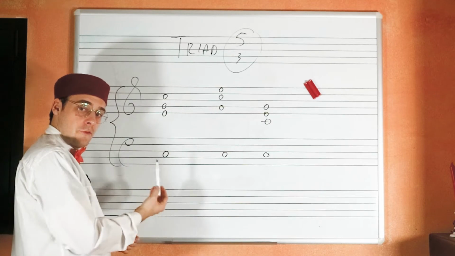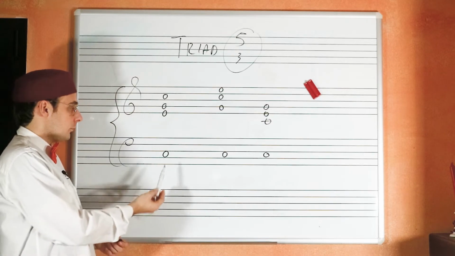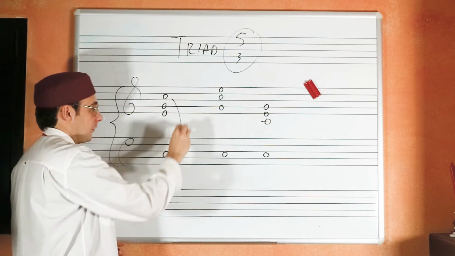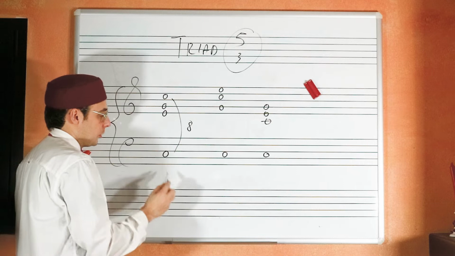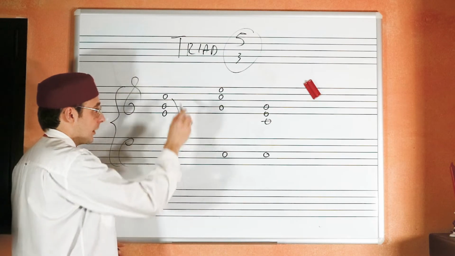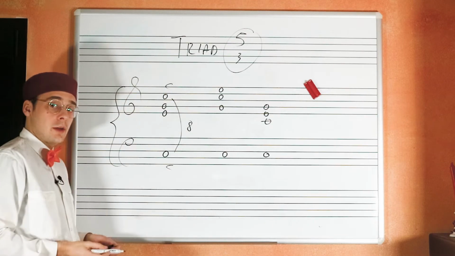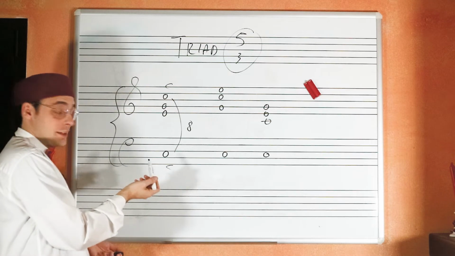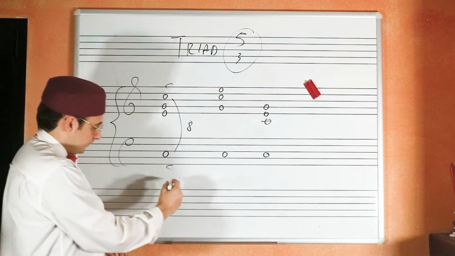In this first example, between the bass and the upper note, we have an octave, because we have C at the bass and C also in the top voice. So this is the octave position.